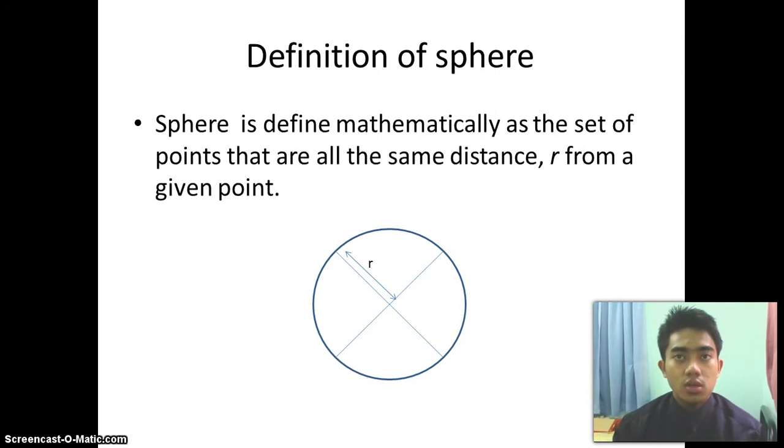For example, if the sphere has a radius of 10, from the middle of the sphere to the outside will be 10, and it will be the same if you go to the right or the left of the sphere.